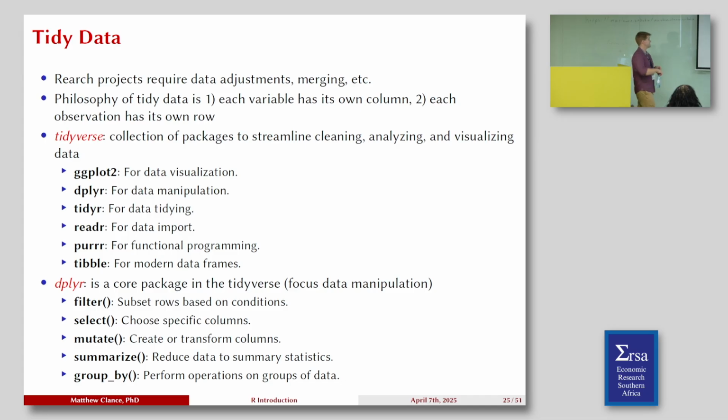I don't know if that's exactly how you say it, but this is where we do our data manipulation, where we do subsets. We combine different data sets. We sometimes, for lack of a better word, rearrange things, take means, medians, all those things.